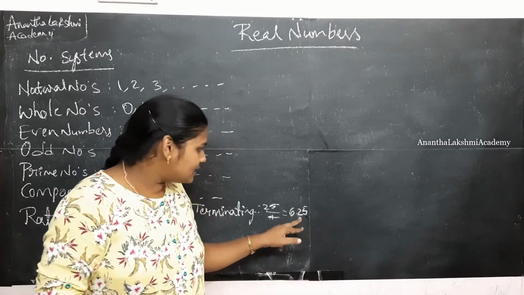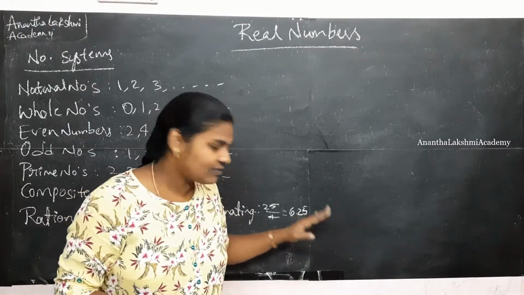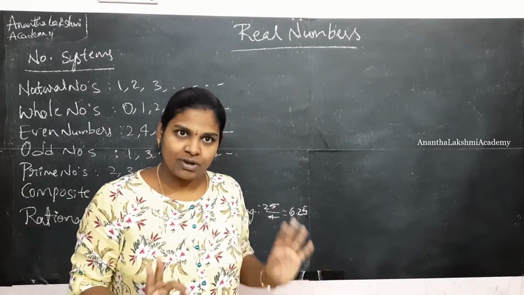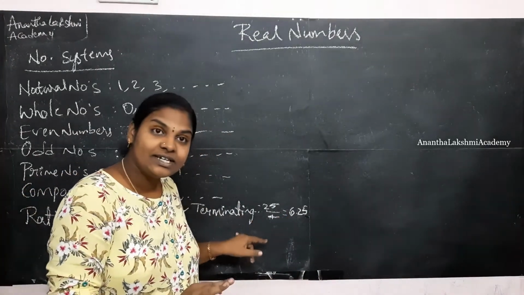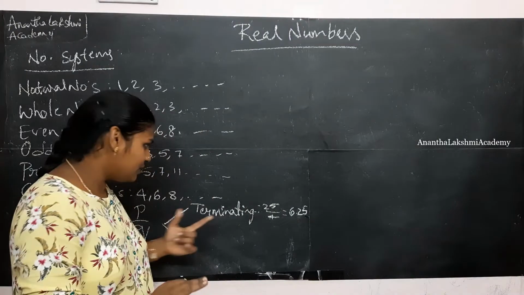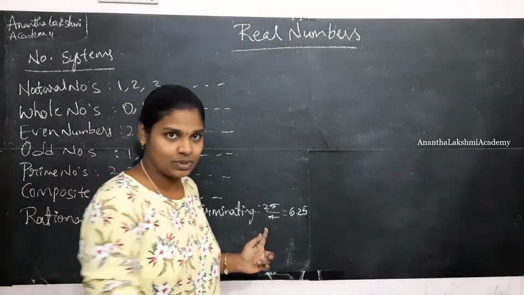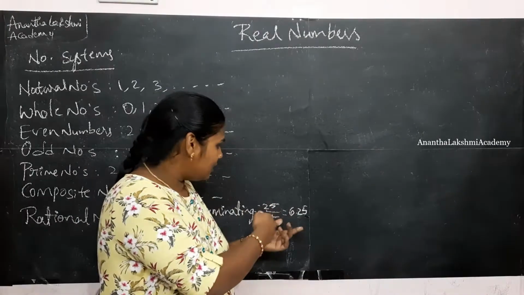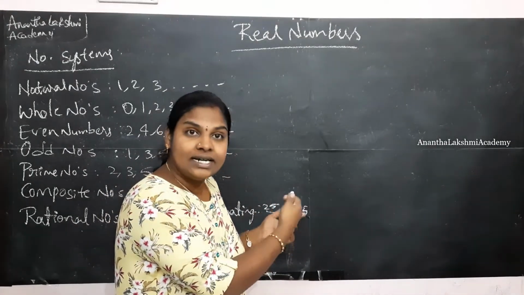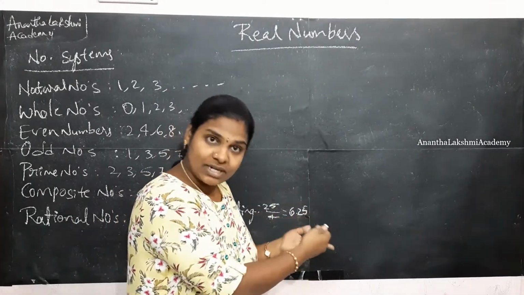Isn't it? The result is not going beyond that. At 5, the division is done. The remainder is 0. Alright? That is what terminating is. Terminating is nothing but this particular expression, expressed in the form of p by q, the rational number is going to terminate after a definite decimal expansion.